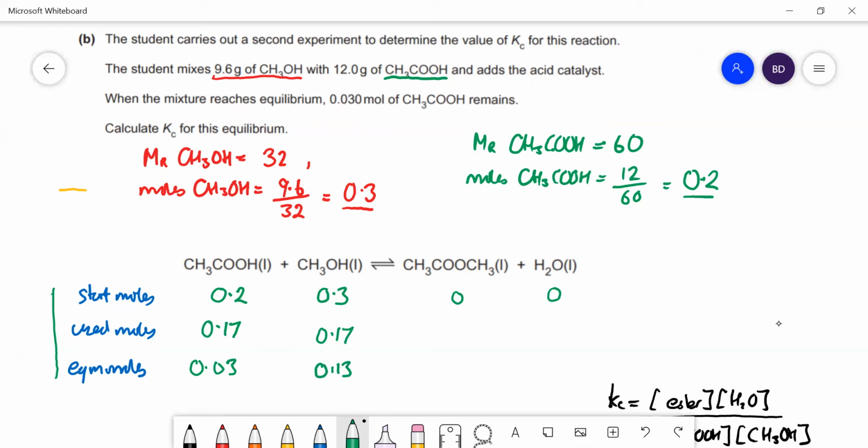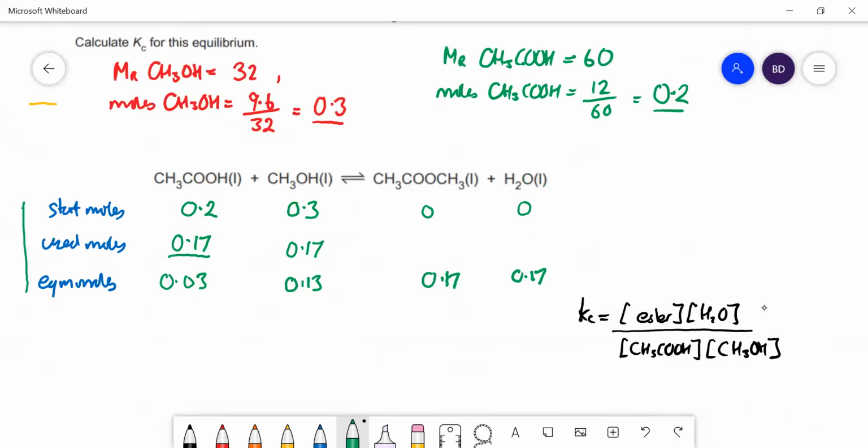Now, if we've used up that many moles of ethanoic acid, we must have made that much ester, that much water. So that's going to be 0.17 moles of the ester, and 0.17 moles of the water as well. Let's put those numbers into our Kc expression, which we've got in black down here.